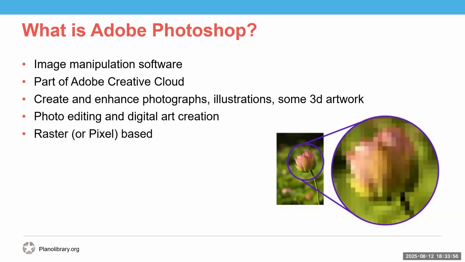So when you zoom in on an artwork, kind of like we're zooming in on this flower right here, you can see the square grid. These are called pixels, and Photoshop works usually by manipulating the image pixel by pixel, although there are ways to do multiple pixels at a time.